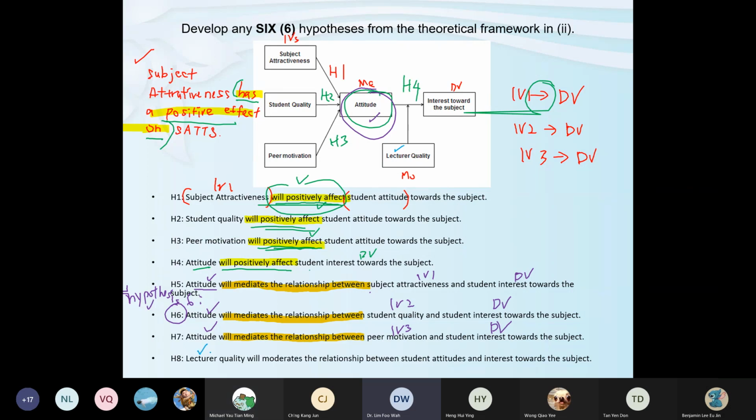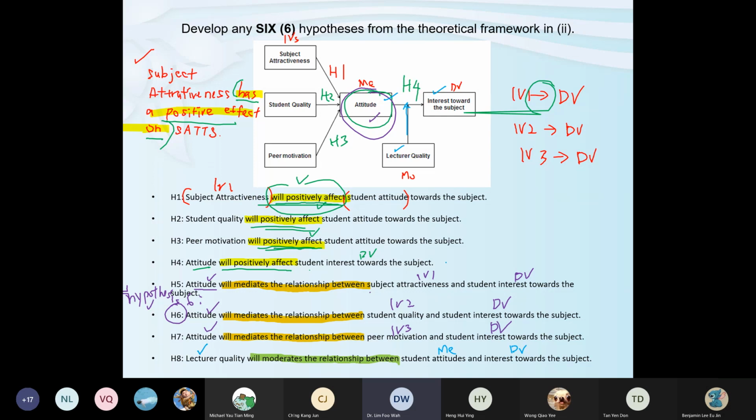Lecturer quality will moderate the relationship between student attitude, because the line is drawn over here so there is only a linkage between the attitude and interest to study. And it will moderate the relationship between the mediating variable and also the DV.